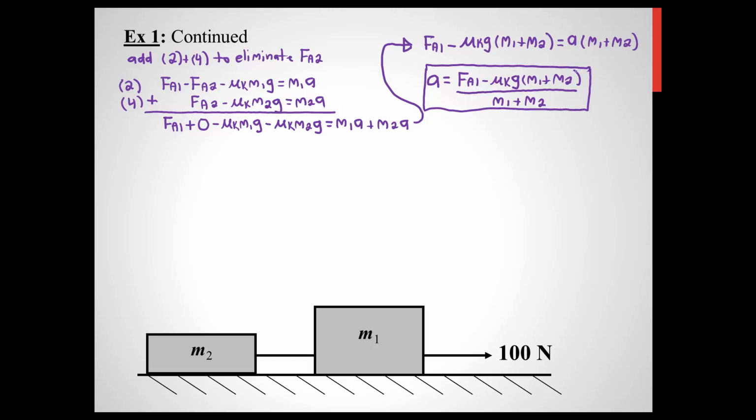Lots of work to get there, but now that we've done all that work, it's a lot easier to solve for other things in the system. Okay, so part B just wants me to plug numbers in and calculate now.